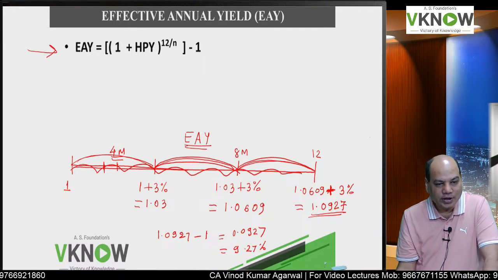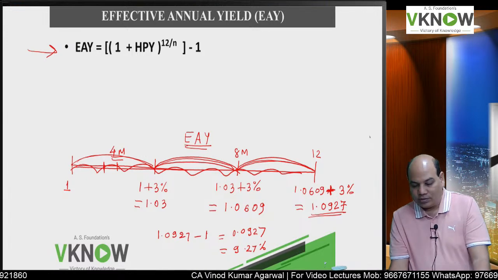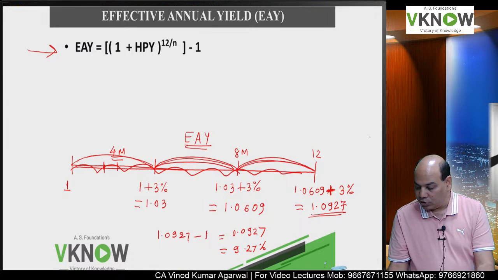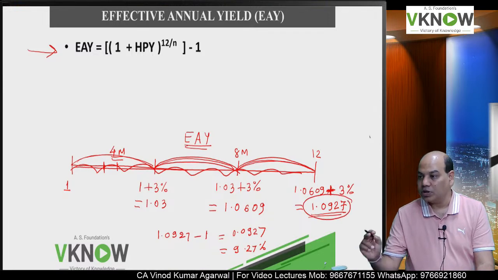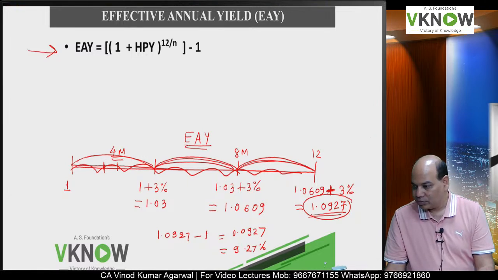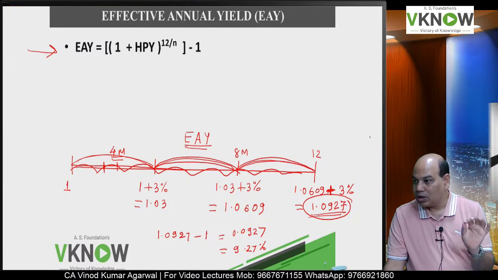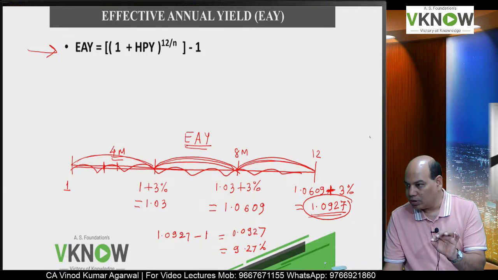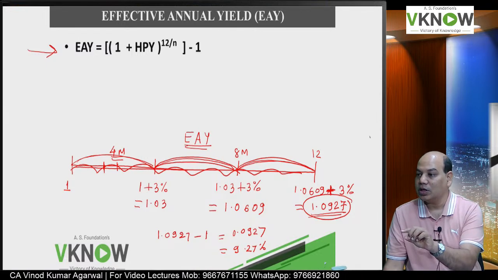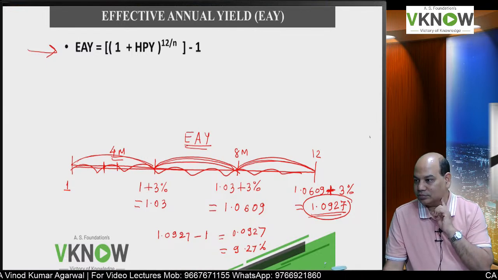Now you can start writing effective annual yield. So effectively you are earning 9.27% per annum if it was annual compounding. Okay, 9% is per annum compounded every 4 months, which is equivalent to 9.27% compounded annually.